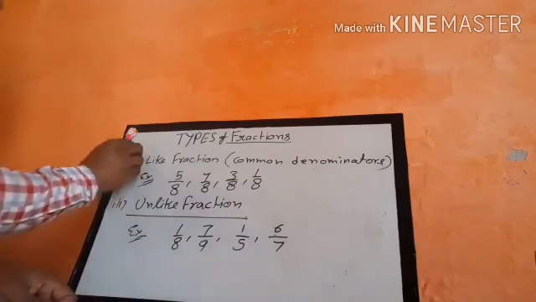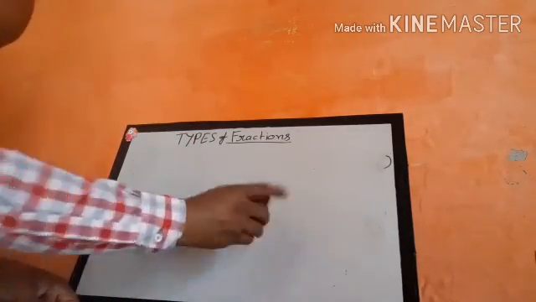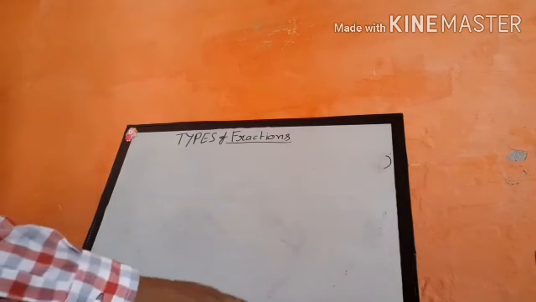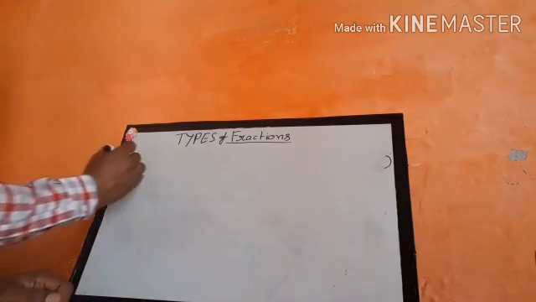Now the third kind, that is unit fraction. The fractions whose numerator is always 1 are known as unit fractions.